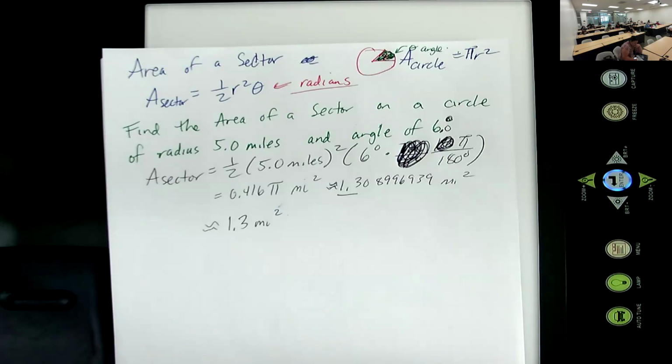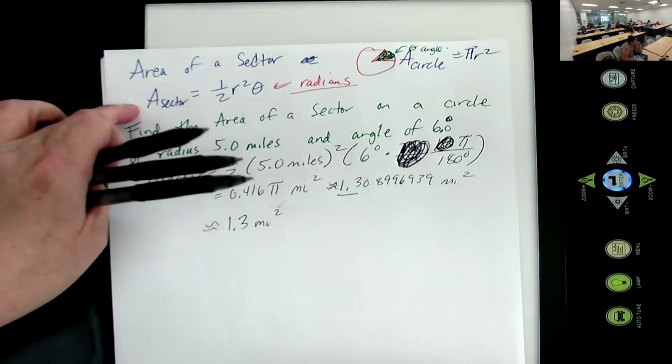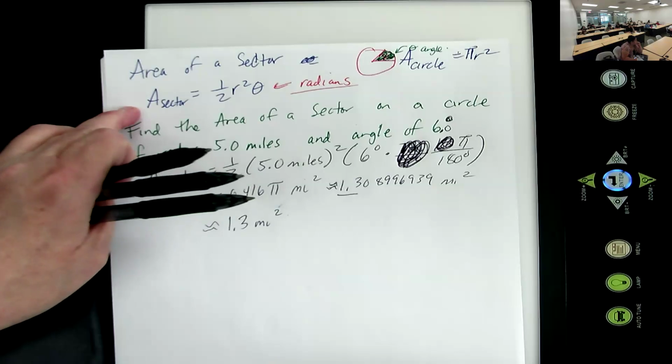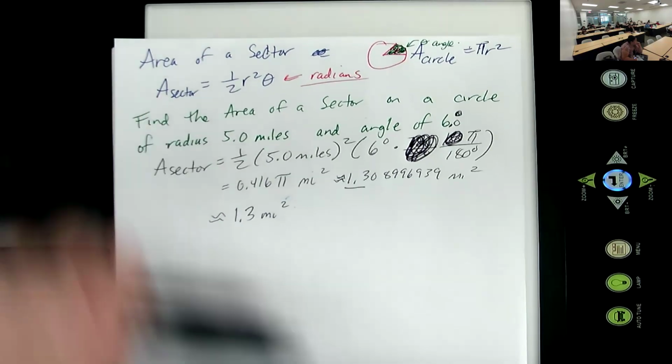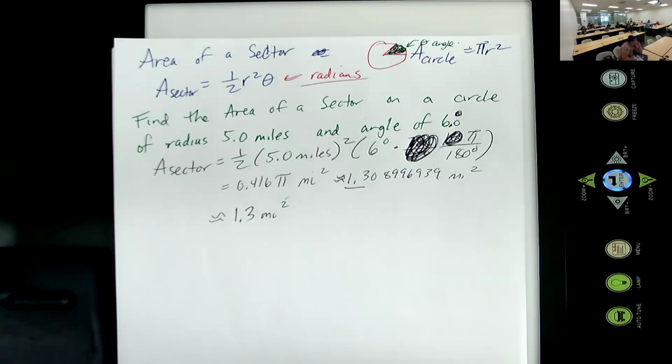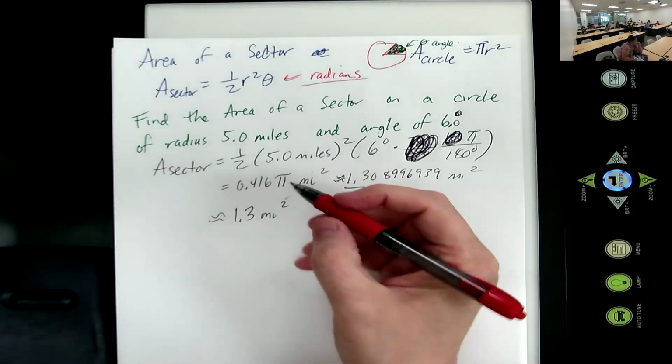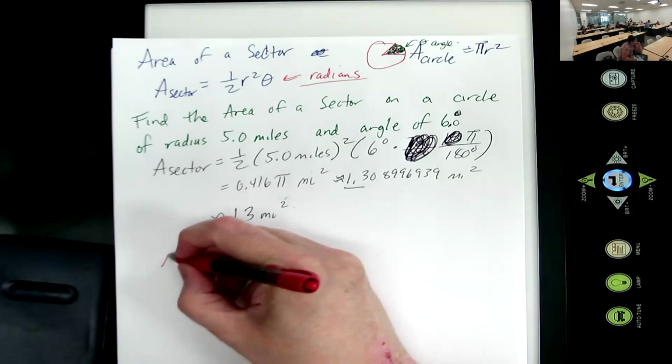Now, if you have problems remembering area of a sector is 1/2 r squared theta, and you likely will, because I do, a way to remember it is a relationship.